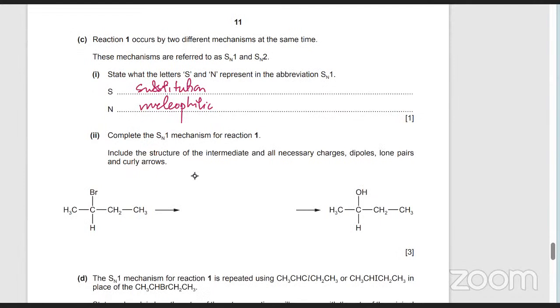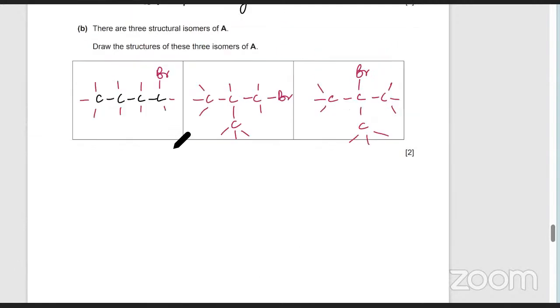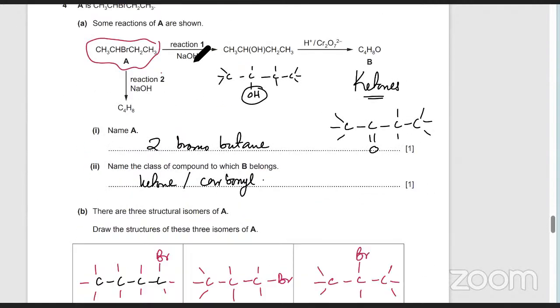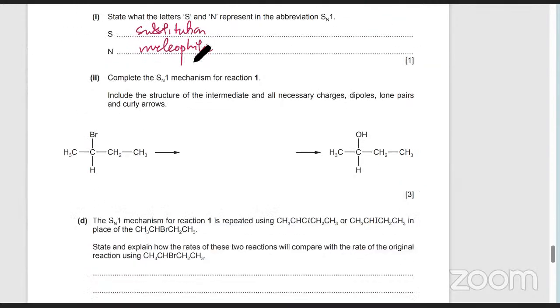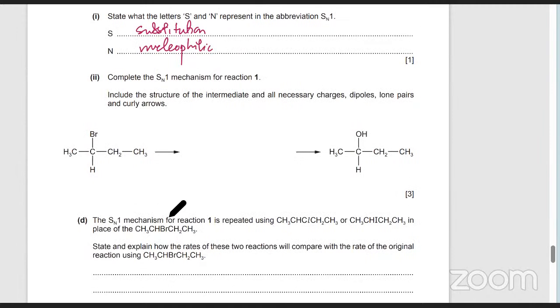Now this one. Complete the SN1 mechanism for reaction number 1. तो क्या होता था? For reaction number 1, OH वाला, 1 second. He's talking about this reaction with the NaOH. So SN1 mechanism में क्या होता था?